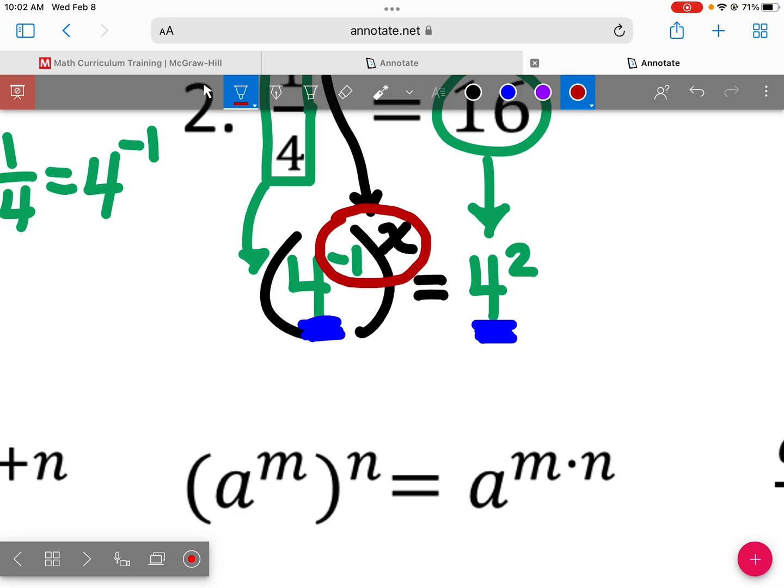What do I do with those two things? If I have 2 exponents, what do I have to do with them? Distribute, I have to multiply them. So I have a negative 1 that's getting multiplied to the x, and that's going to be equal to what? Negative 1x, but what do I set it equal to in my equation? 2, this exponent over here.